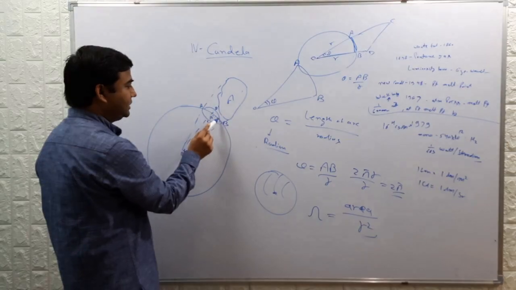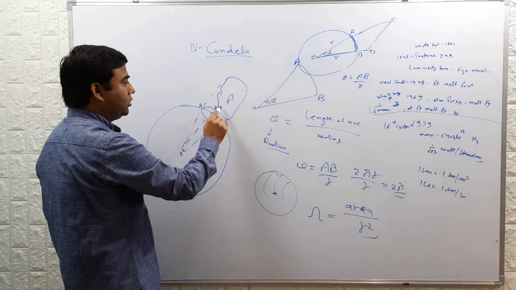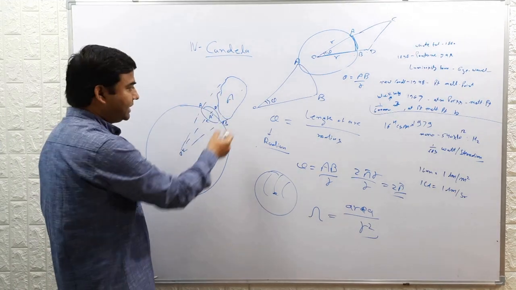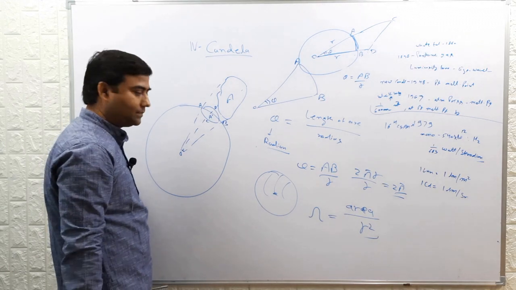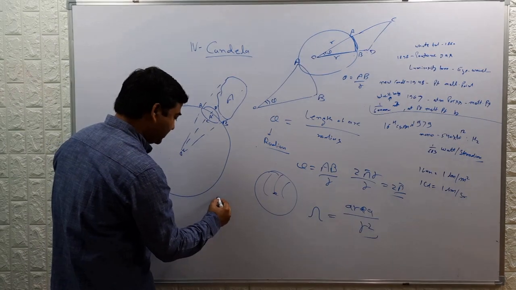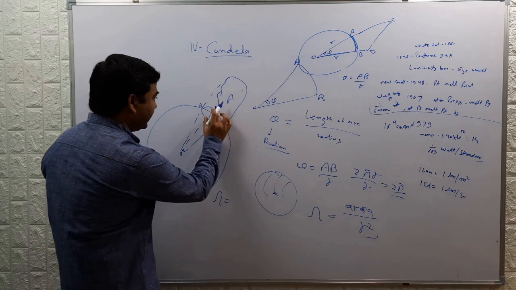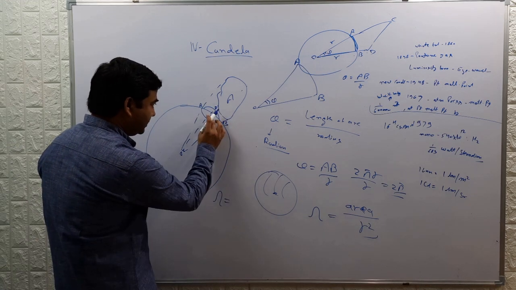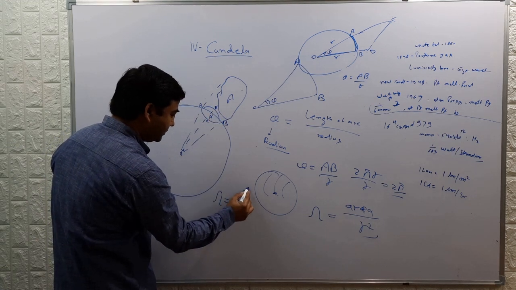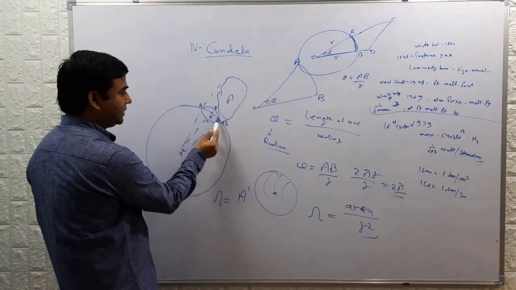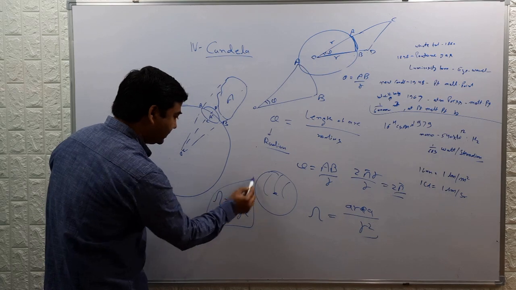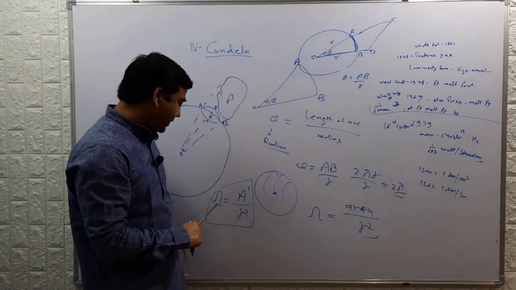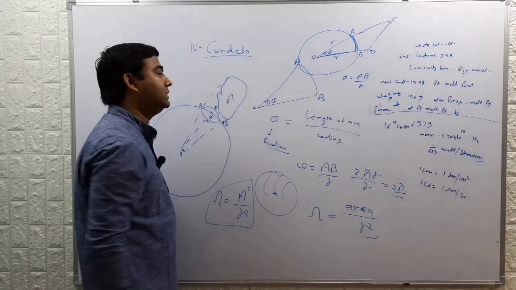Similarly, the area of this intercepted part may not be equal to this area, but the solid angle subtended by both areas at the center is the same. So solid angle is given by this area, that is A dash, divided by R square. That is the method to find solid angle, similar to this analogy.